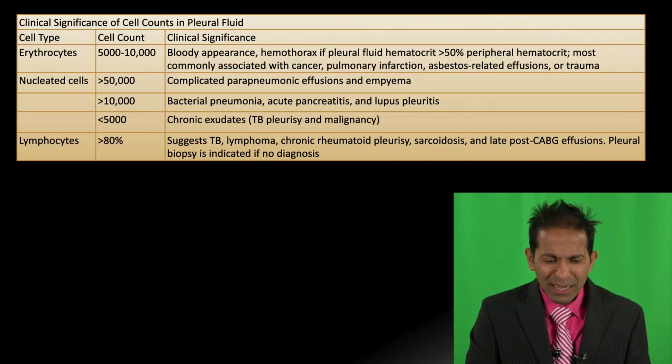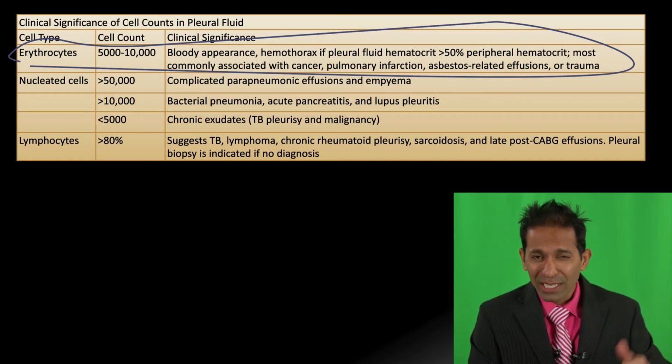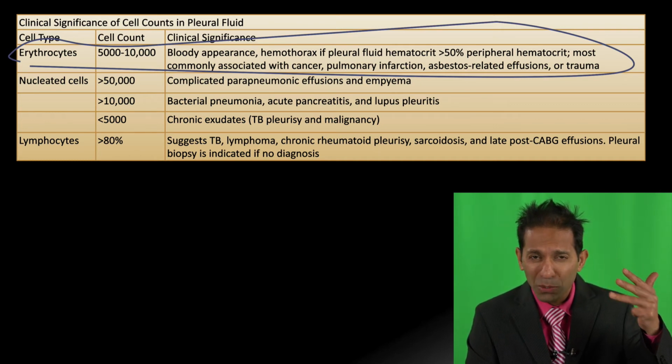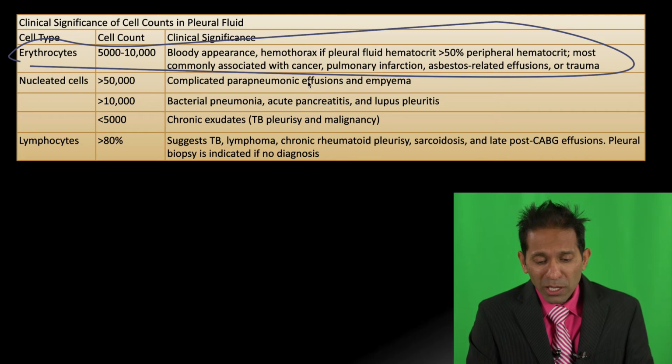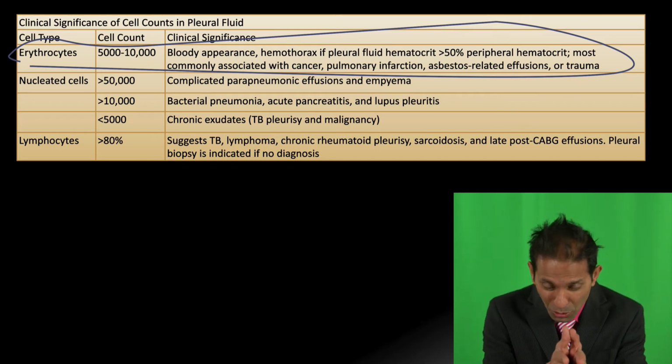And let's talk about cell count. If the cell count in pleural fluid is 5,000 to 10,000 and the patient has a bloody appearance, most likely you are dealing with either malignancy, pulmonary embolism, asbestos, or post-CABG. Now, if the pleural fluid hematocrit is more than 50% of peripheral hematocrit, most likely you are dealing with hemothorax.